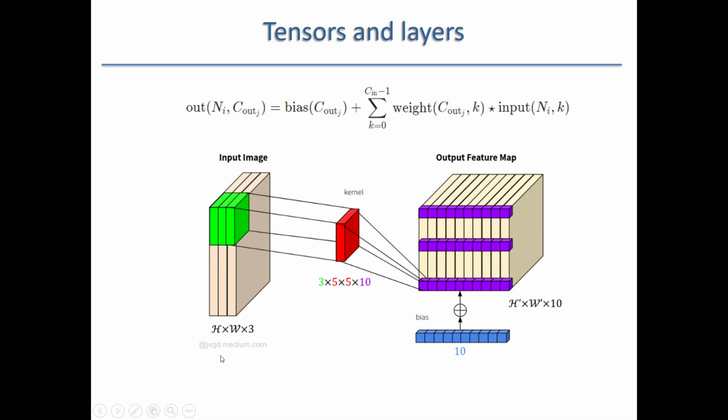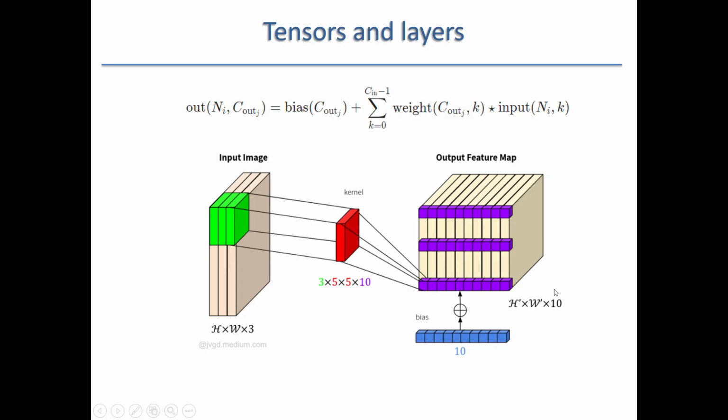So here the input tensor is h times w times 3, because we have 3 channels, so let's say that we are working with color images. And then in this output tensor we are producing h prime, w prime, so they are still images, but now we will interpret them as 10 channels, so 10 non-linear features that we have computed from the input images.